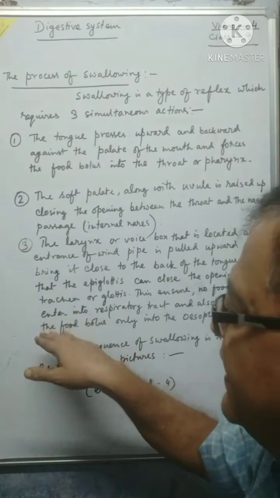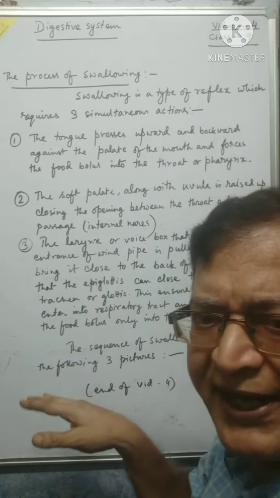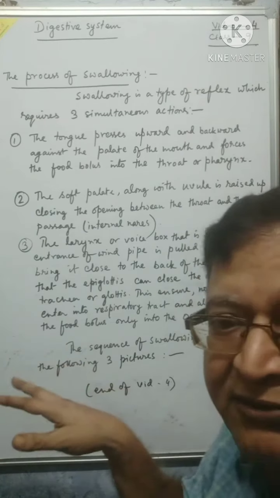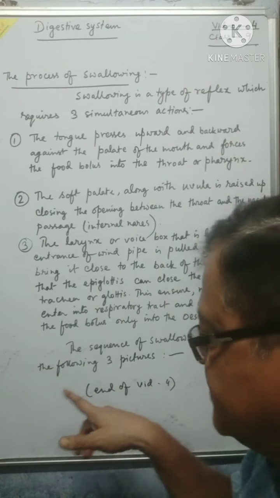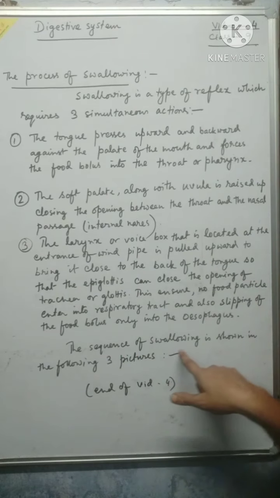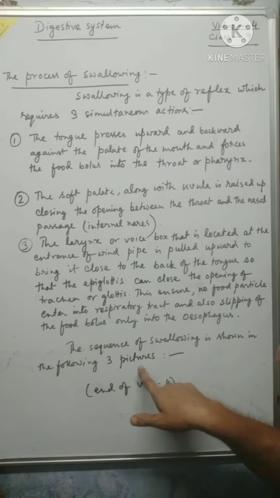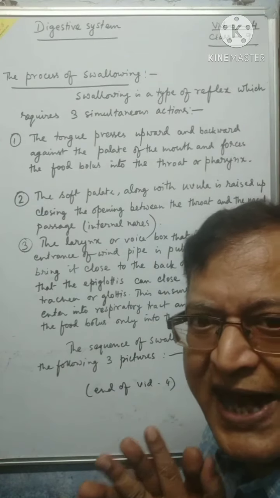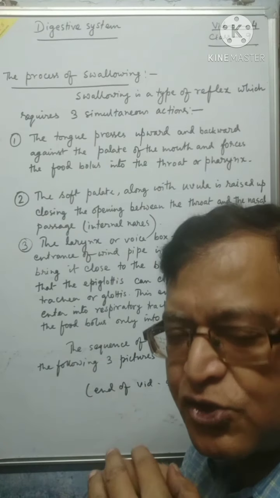So I have tried to explain this method by collecting some pictures that I will be adding at the end of this video. The sequence of swallowing is shown in the following 3 pictures, and after seeing those you might understand the process of swallowing.